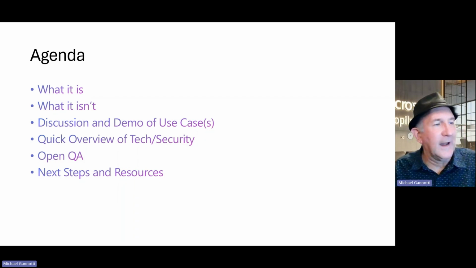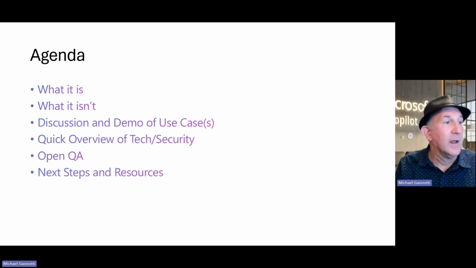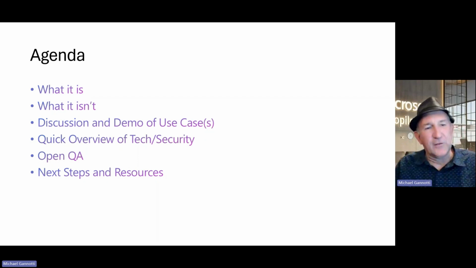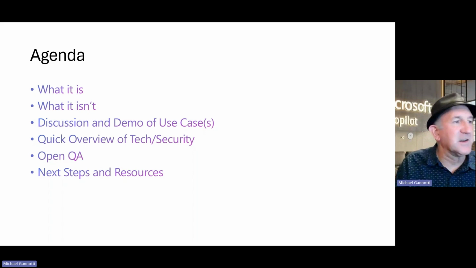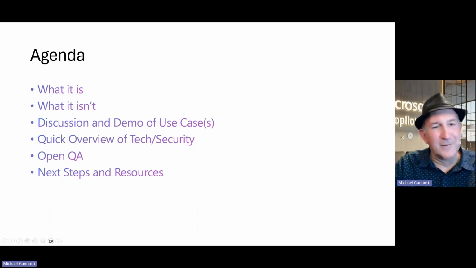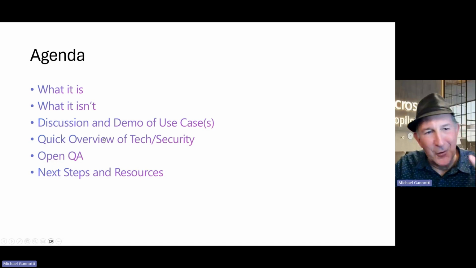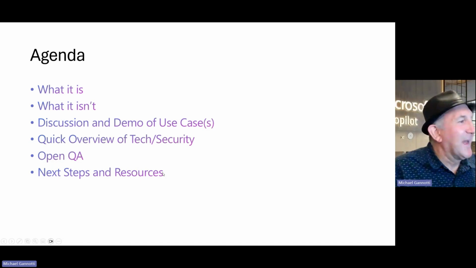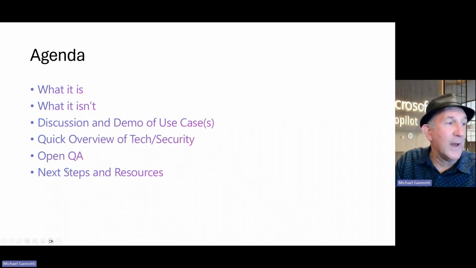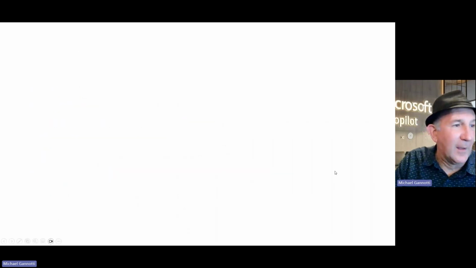We don't want to bleed it out, and I'll have that in the resources you can go to after. Then I'm going to get into the demos. You can tell I'm just not a PowerPoint kind of person, but Copilot can help with that. And then we'll get into the QA and resources and next steps.